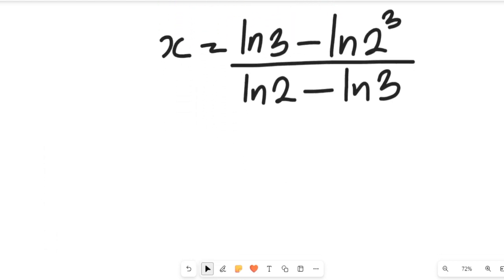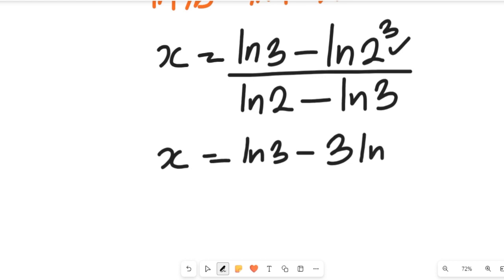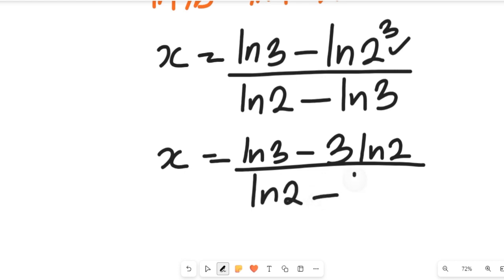According to the laws of logarithms, this will simplify to have x equal to ln of 3 minus 3 ln of 2, divided by ln of 2 minus ln of 3.